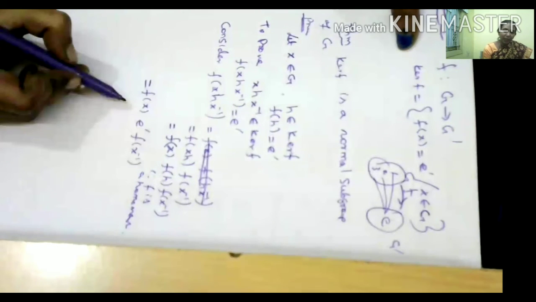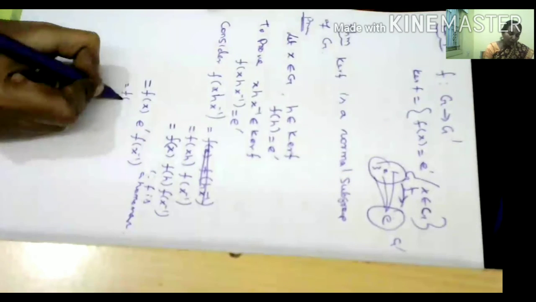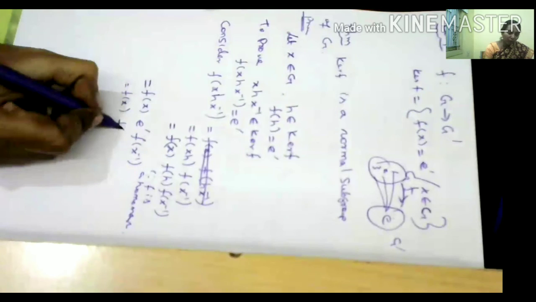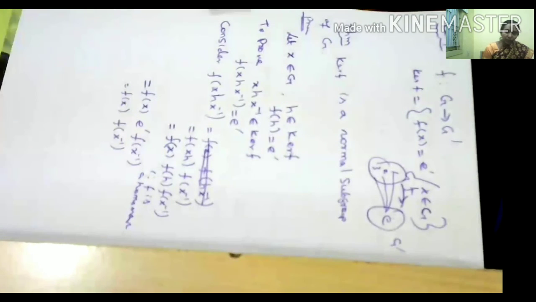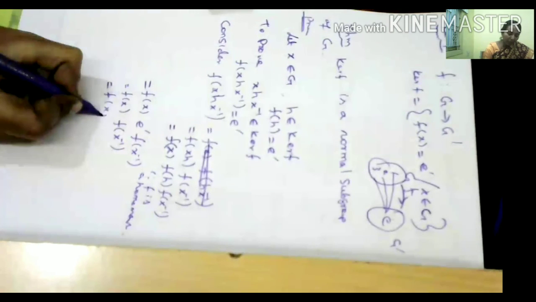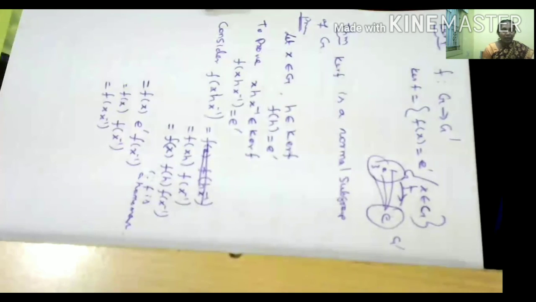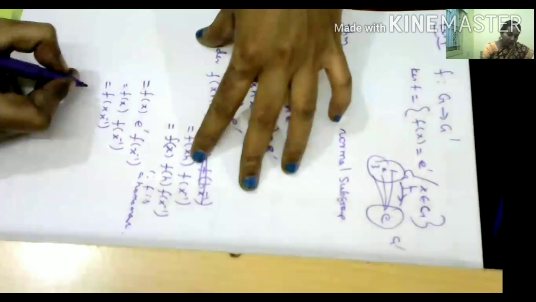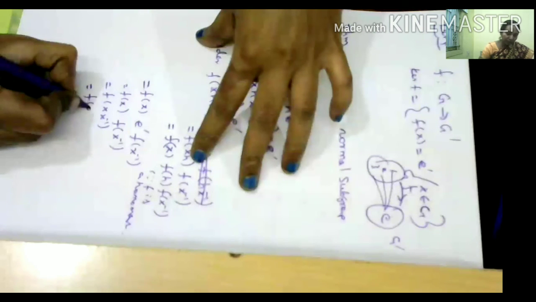Multiplying with the identity element, we get the same value, so F of X into F of X inverse. Again, since F is a homomorphism, combining them gives F of X into X inverse. But X into X inverse is E. So this is F of E.